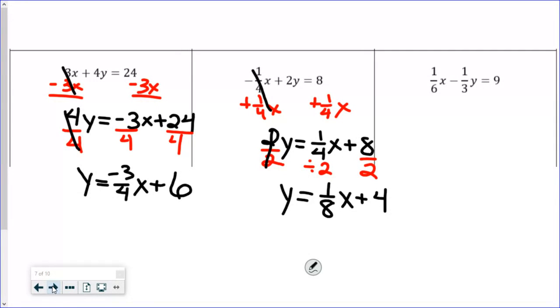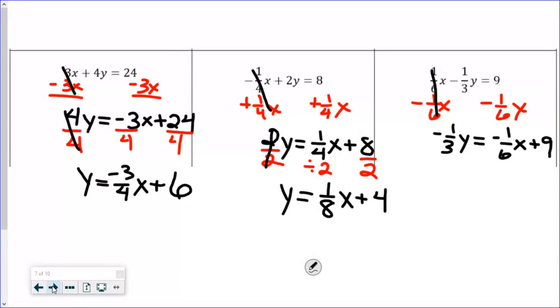Okay. This last one, again, minus the 1/6x. Okay, don't forget that is a negative 1/3 y equals negative 1/6x plus 9. And then what I'm going to do is multiply everything in that.